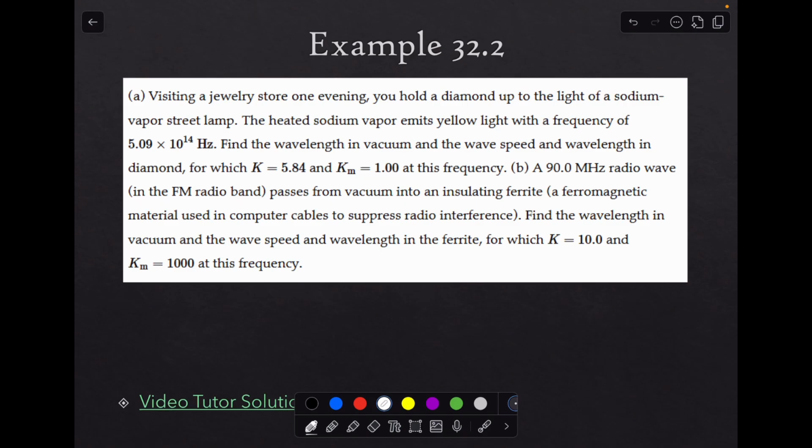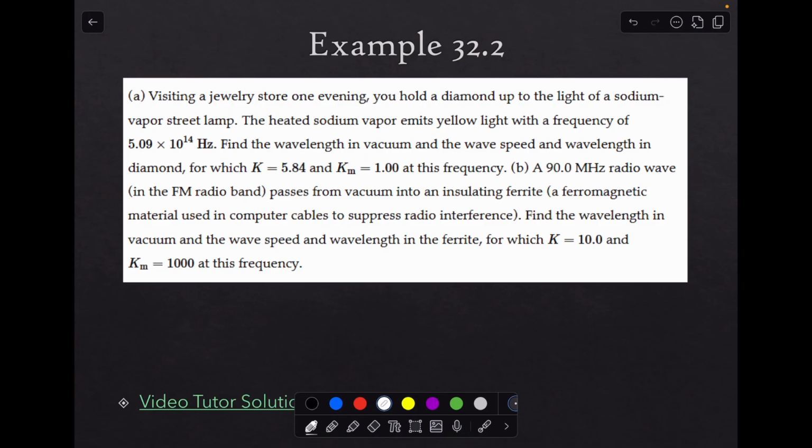So let's say we're in a jewelry store and you hold a diamond up to a sodium vapor street lamp. The idea behind the sodium vapor street lamp is that it emits one frequency of light, okay? And that's 5.09 times 10 to the 14th. So what is the wavelength of that light in vacuum?